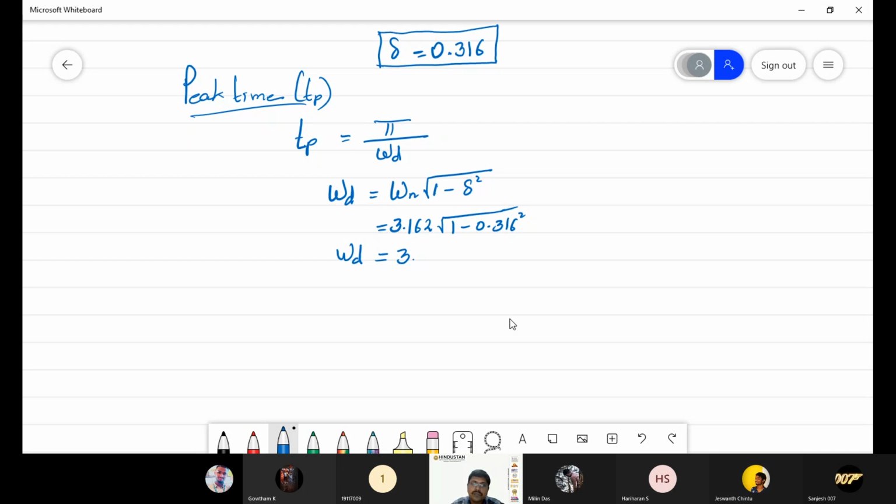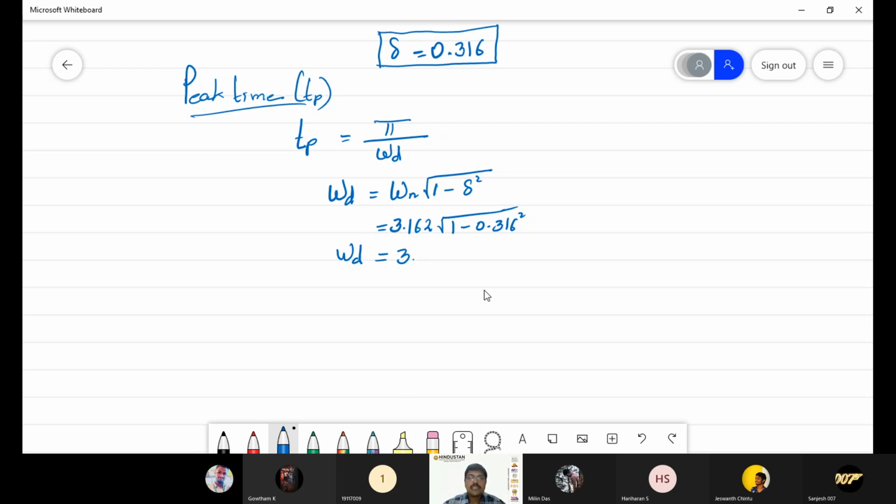I am getting 3. Check carefully, I think you will get 3. Once again I checked, so the value is 3 only.